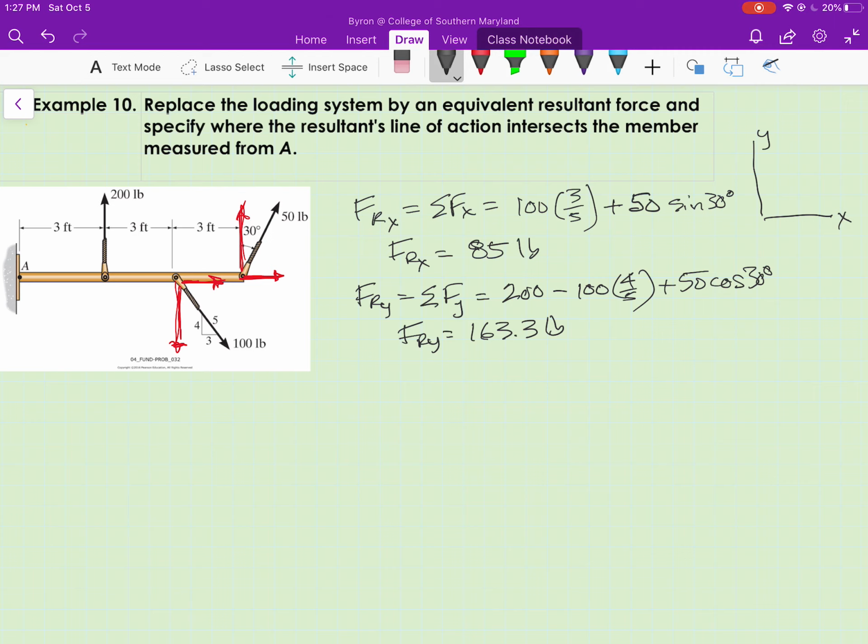So I have the x and y components of the force resultant, so I can calculate the force resultant.